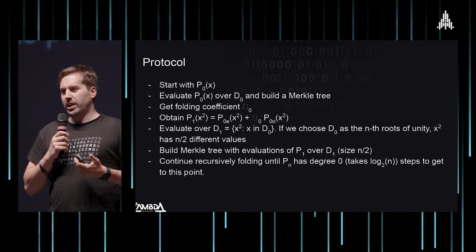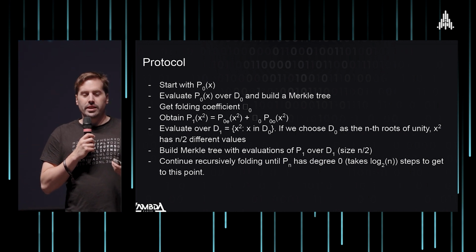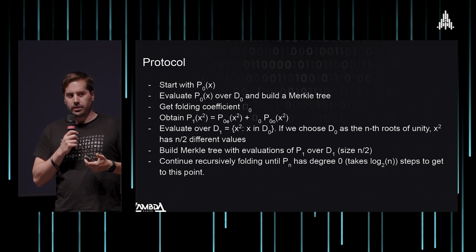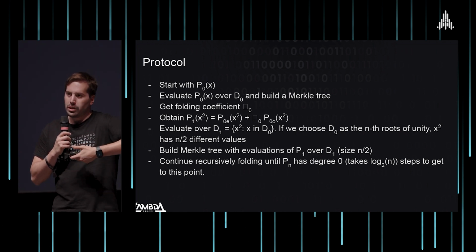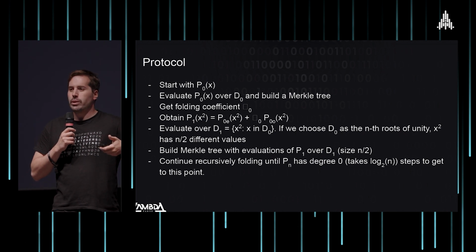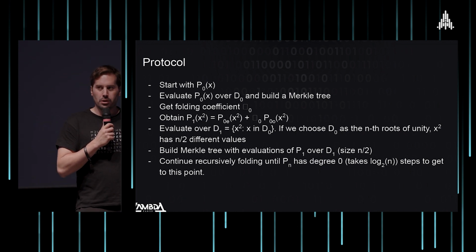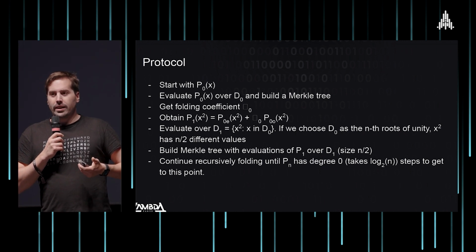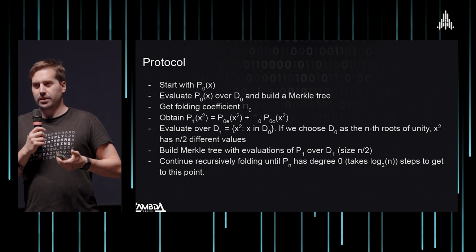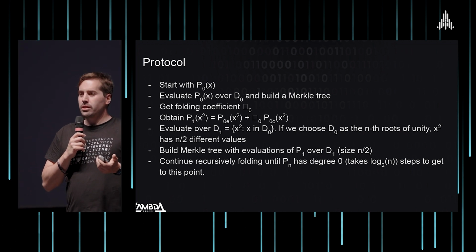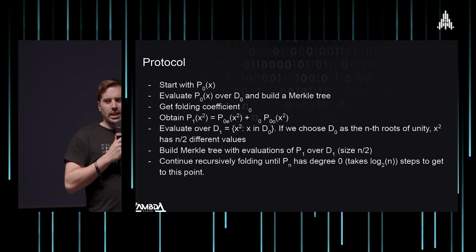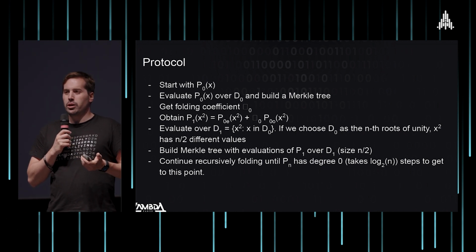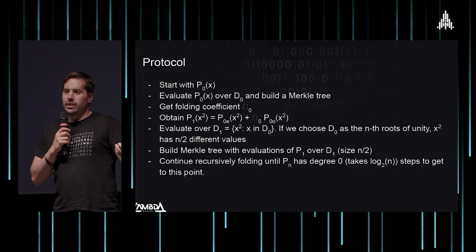and ask him for some randomness. So what we do first is we commit to this polynomial so that the verifier knows we are not going to change it. So to do that, we use, again, the Reed-Solomon encoding, and we build a Merkle tree out of those evaluations. And so now that we have committed to that polynomial, we can ask him for a folding coefficient. It's just a scalar. And what we do is realize that we can split our polynomial between even and odd parts, and so define the new polynomial P1 from the even and odd parts.